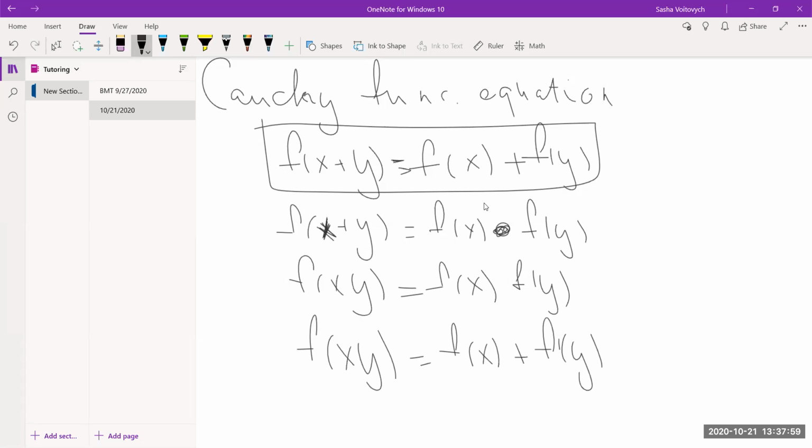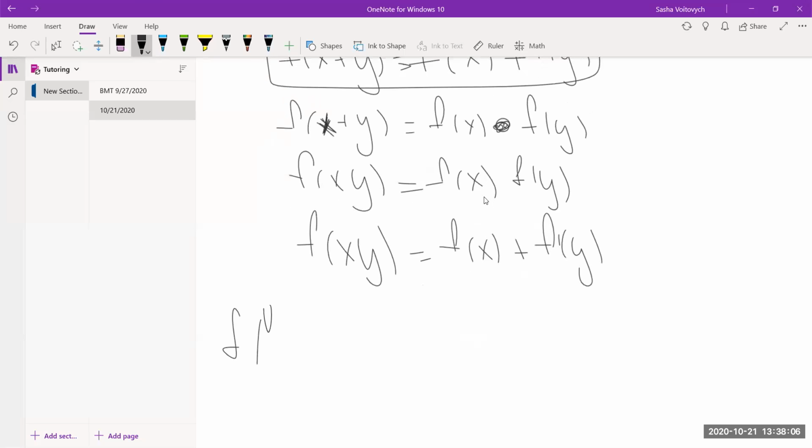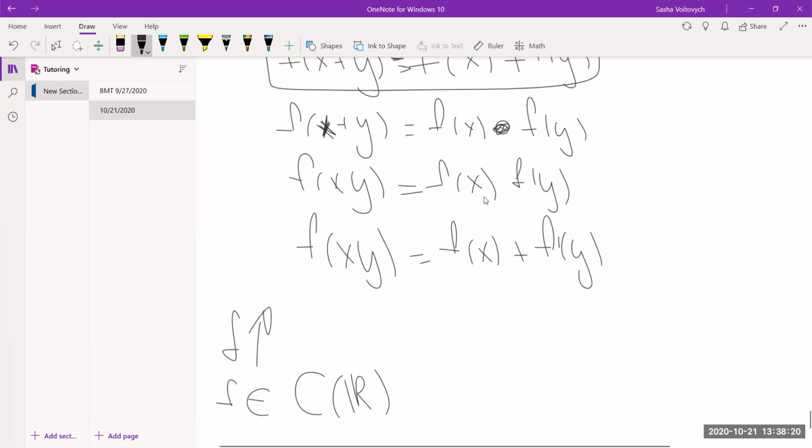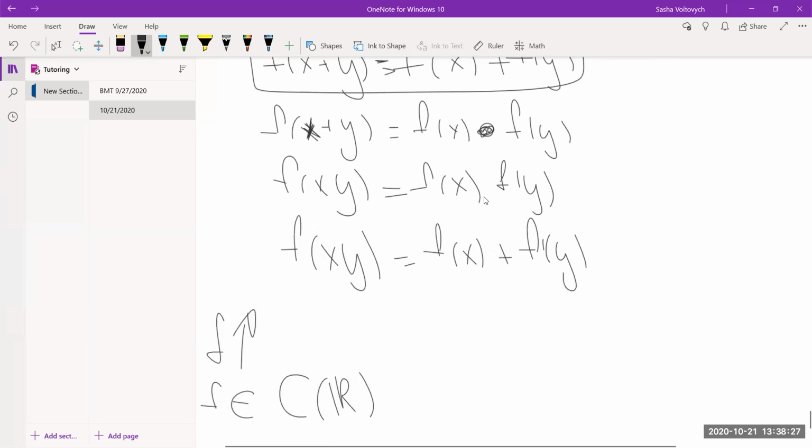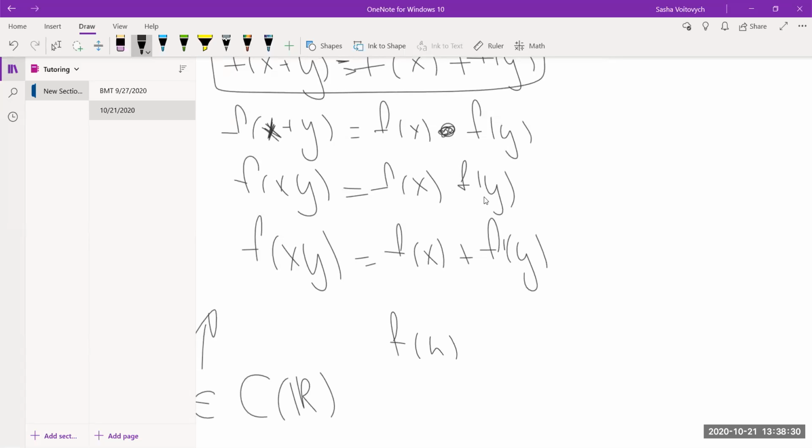The moral of the story is, to solve this, we need some kind of additional condition. We can solve it if we know that f is increasing, or f is continuous. Either way, the strategy for the solution is that first we figure out values at integer points.